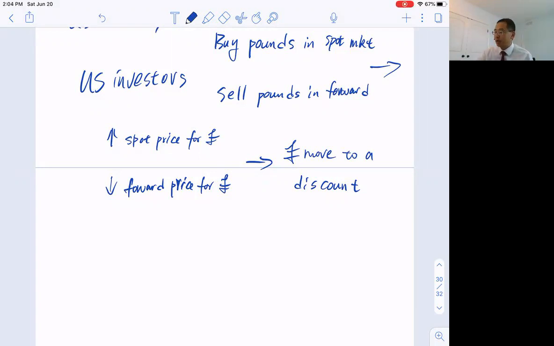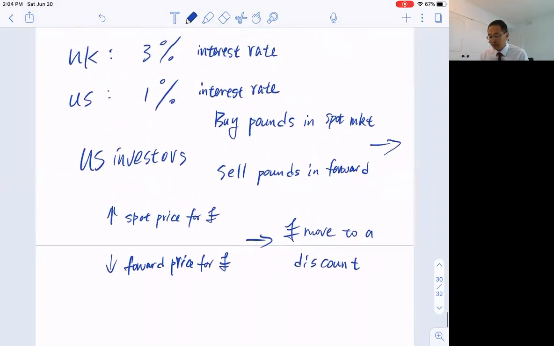What I mean by that is, you don't have to sign a forward contract. If you want to take advantage of the difference in the US and UK rates, in this example, you can just buy pounds in the spot market, buy UK bonds, wait for 3 months, get your pounds from the UK bonds and sell them and convert them back to dollars and make the higher return.